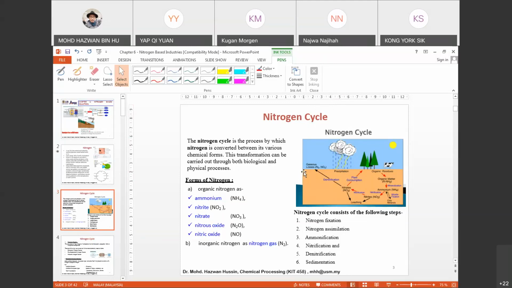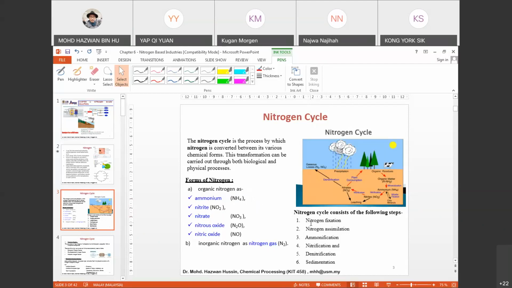So the forms of nitrogen compounds that you can see from the nitrogen cycle formation can be ammonium, nitrate, nitrous oxide, and also nitric oxide. Other than that, nitrogen gas can also be formed.